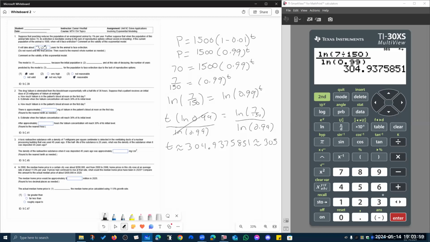The reason we say that is that 305 years, in terms of the lifespan of a species, is not very long.